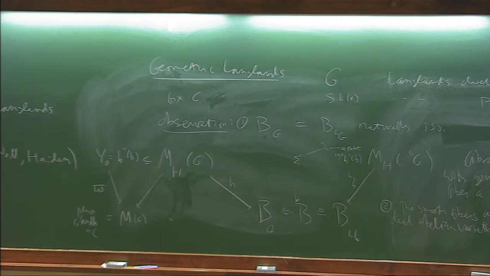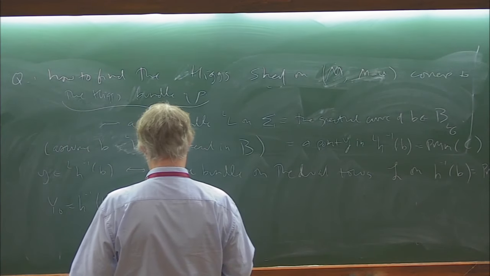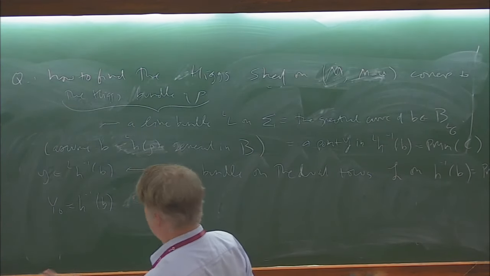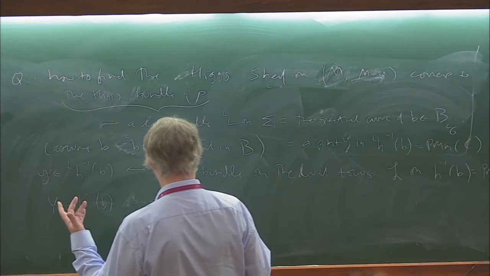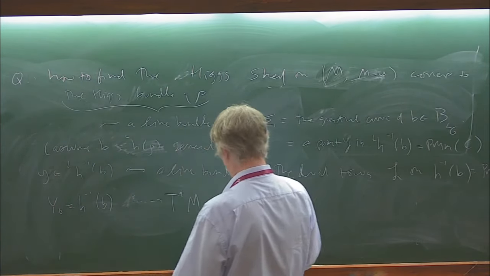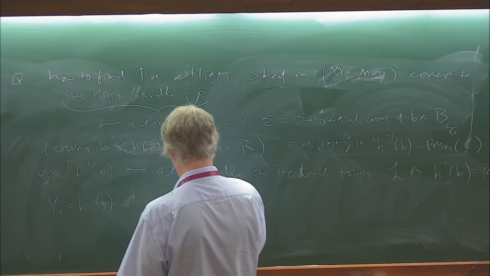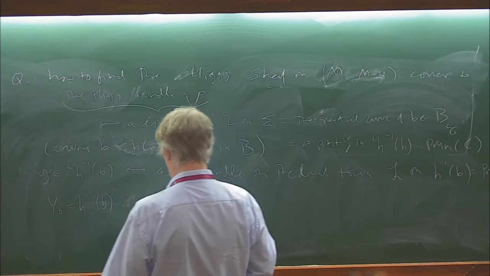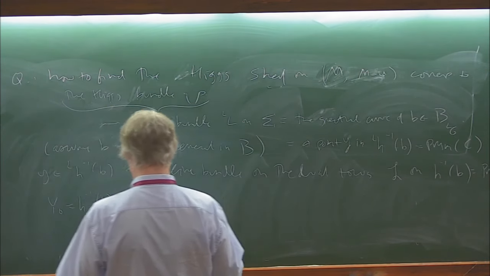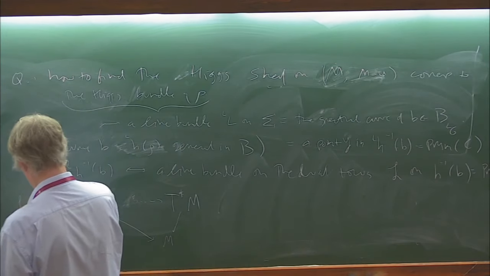But then noticing that we have y0 in this H inverse of B, which is, roughly speaking, contained, rationally speaking, inside the cotangent bundle of M. As we said before, the moduli space of Higgs bundles is, roughly speaking, the cotangent bundle of M. We'll see in a minute the difference. And so this is going to be BNR data, so L over here.